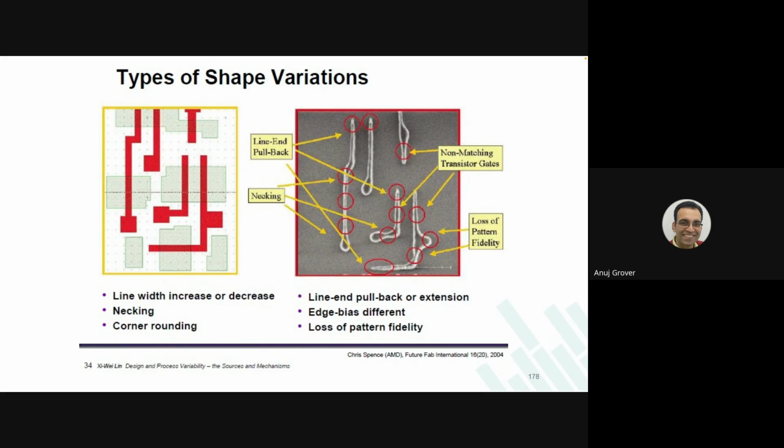So we looked at so many DRC violations that we do in memory cells. There are tools to model all these variations on layouts, and whatever violations you are doing on the memory cell are run through Monte Carlo simulations on those tools to see the impact of those rule violations on overall yield.